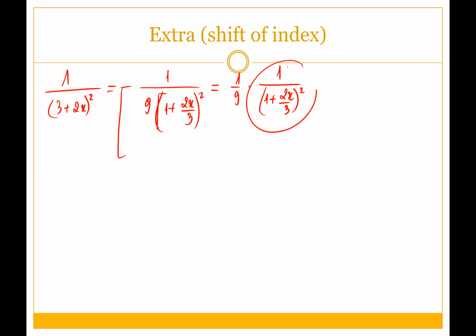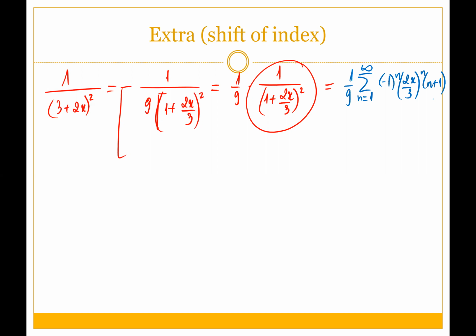And so you find the power series of this, which is going to have the starting point of n equal to 1: negative 1 to the n, 2x over 3 to the n, and then n plus 1.